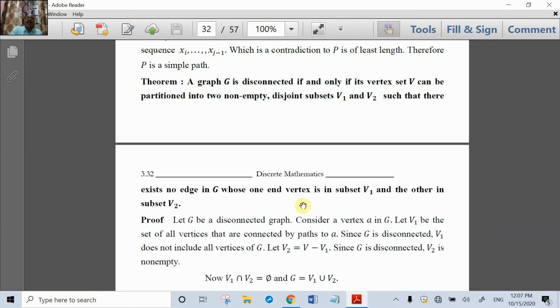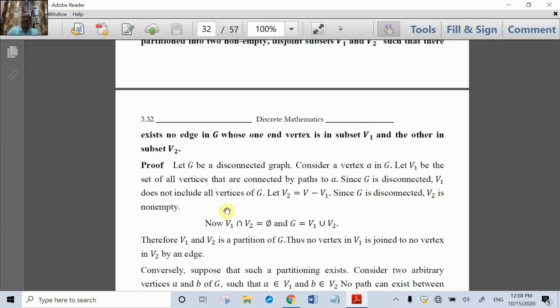Next one: a graph G is disconnected if and only if its vertex set V can be partitioned into two non-empty disjoint vertex subsets V1 and V2 such that there exists no edge in G whose one end vertex is in subset V1 and the other in subset V2.